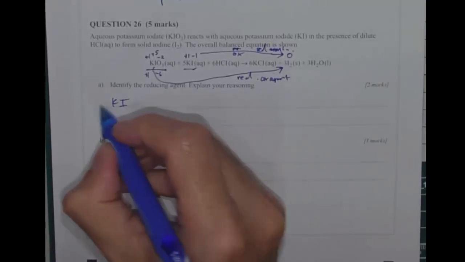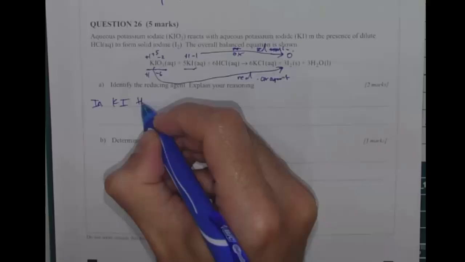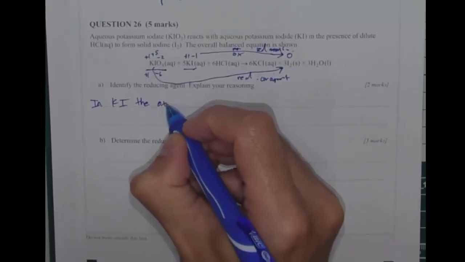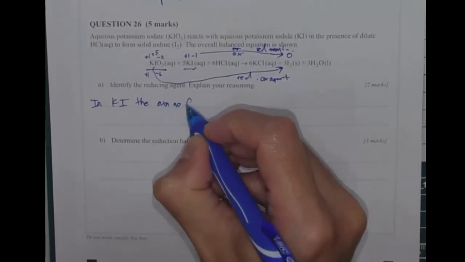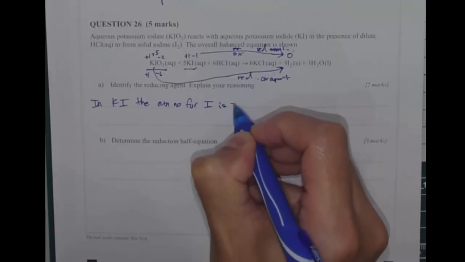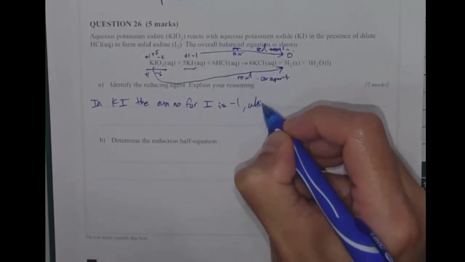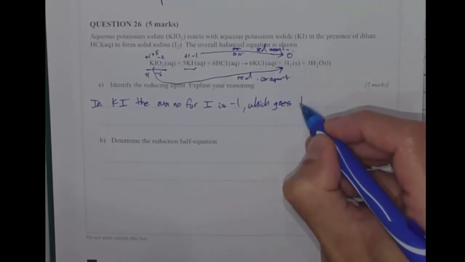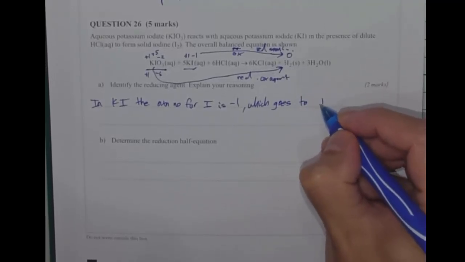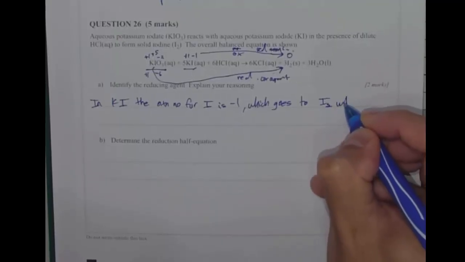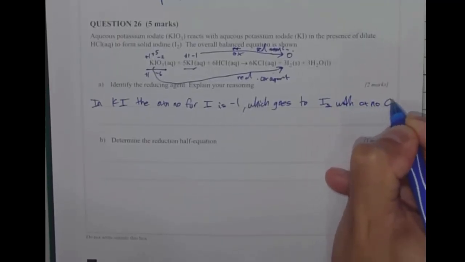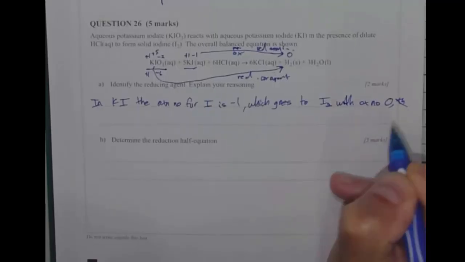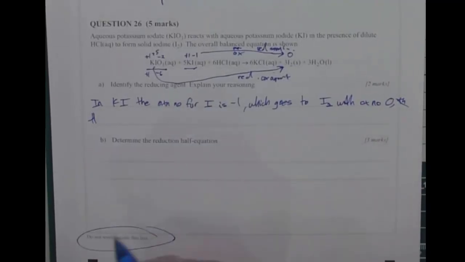So, in KI, the oxidation number for I is -1, which has 2 marks. That's 1 mark, which goes to I2 with an oxidation number of 0. It says don't write outside the box.